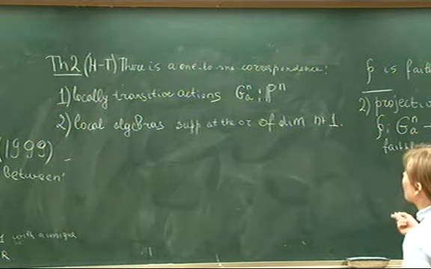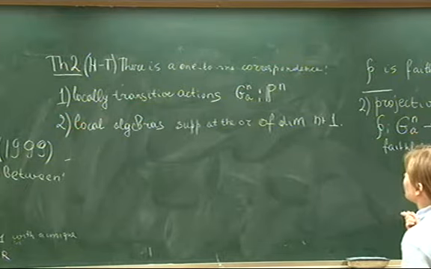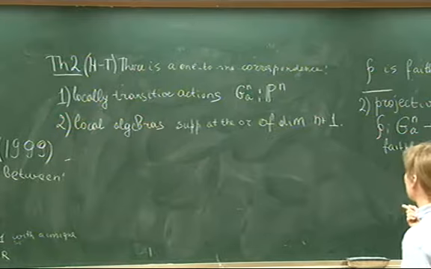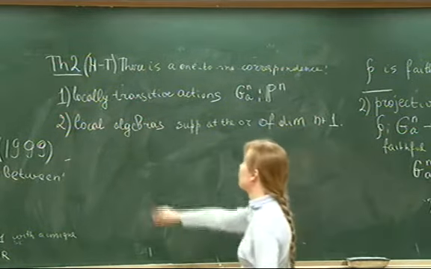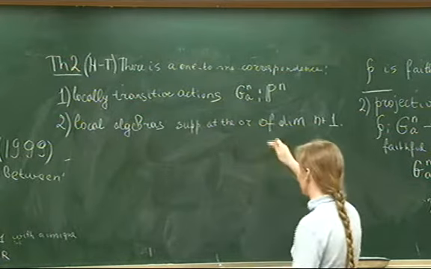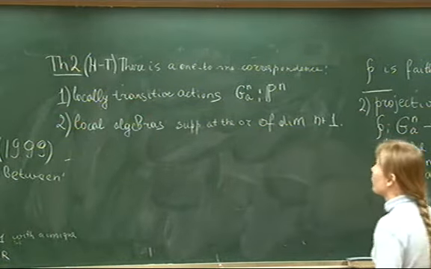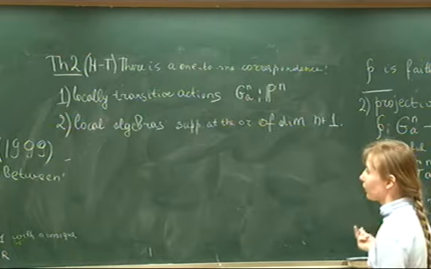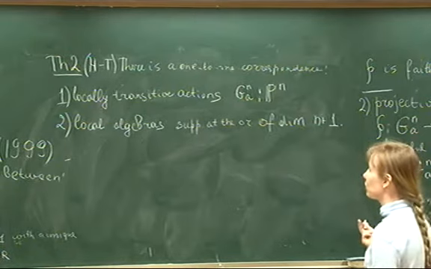There is a way to describe all the actions by just classifying local algebras of some type, or if you like, by classification of zero-dimensional subschemes.